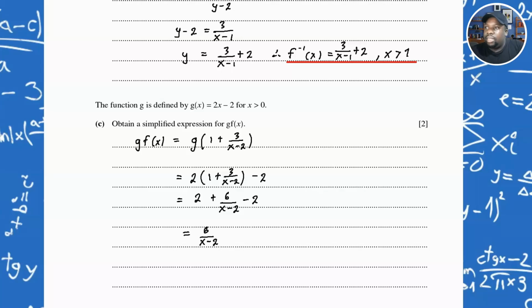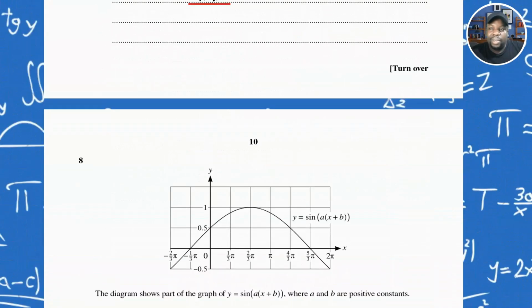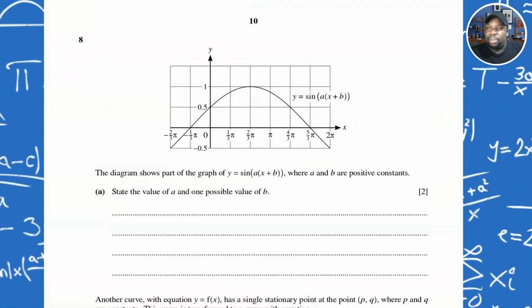So that is the simplified expression for g of f of x. So that's basically how we do it for this particular question. Now we want to move on to the next question. Let's do that, and that's question number 8.